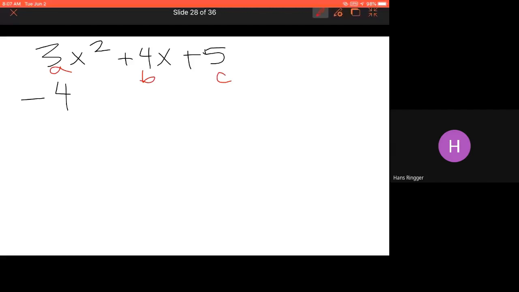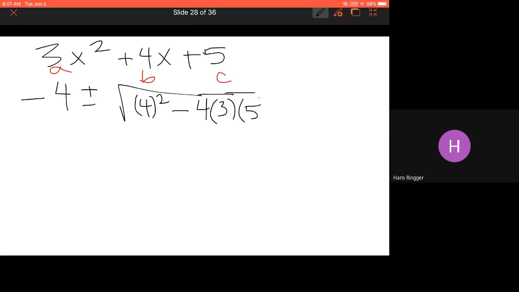So negative b plus or minus the square root of b squared minus 4 times a, which is 3, times c, which is 5, divided by 2 times a.